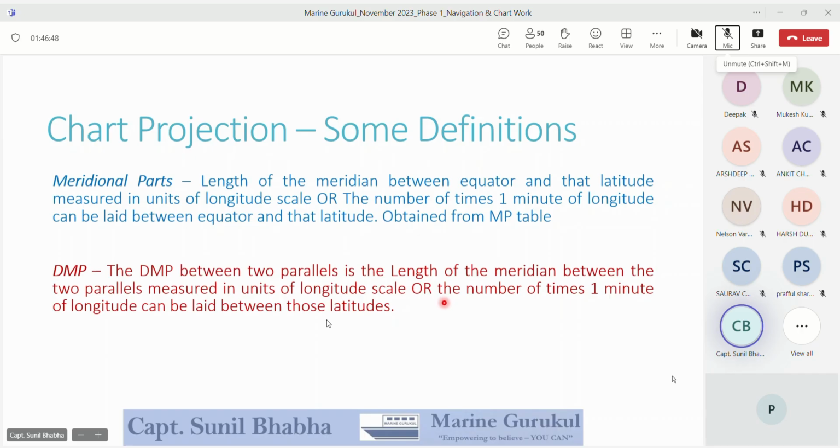You can have a different wording again, as we had in meridional parts. This was the first definition explained in one way. You can also explain it as the number of times 1 minute of longitude can be laid between those latitudes. This is known as the DMP, difference of meridional parts.